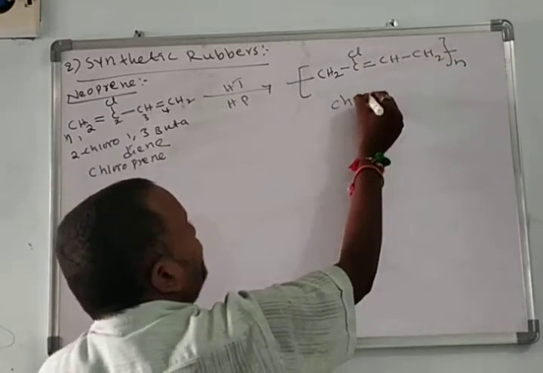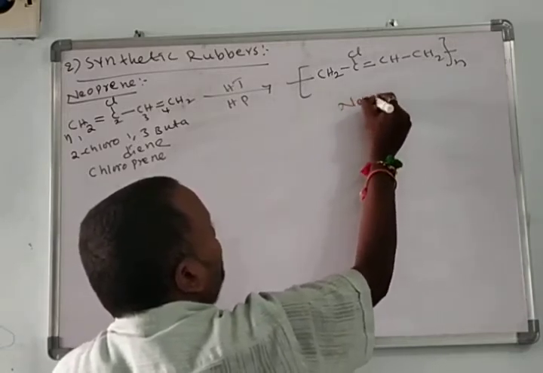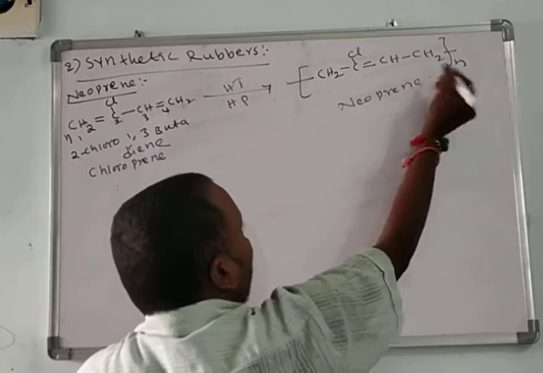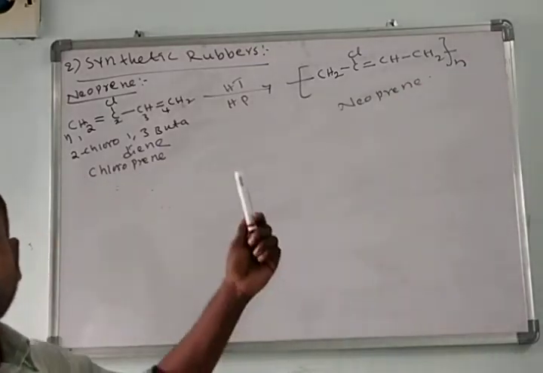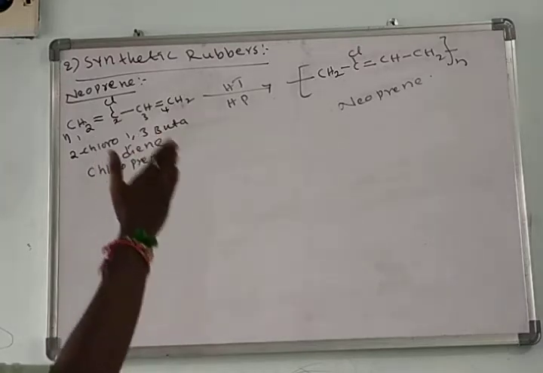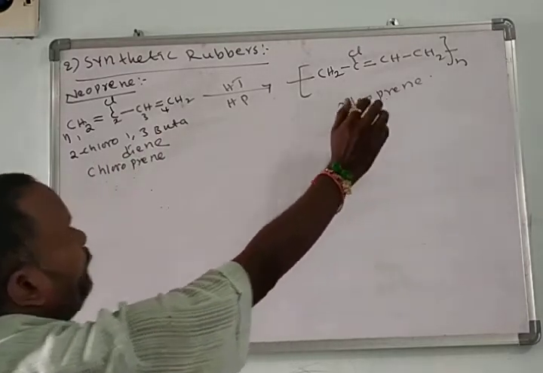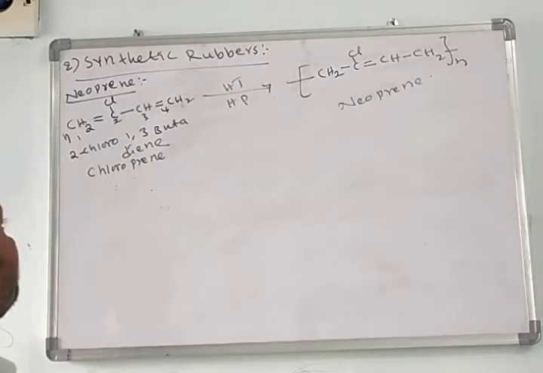This we call neoprene. The polymeric product of chloroprene we call neoprene. It is also used in the manufacture of agricultural pipes along with a variety of polymeric compounds. This is the structure of neoprene. What is the monomer of neoprene? Chloroprene is the monomer of neoprene.